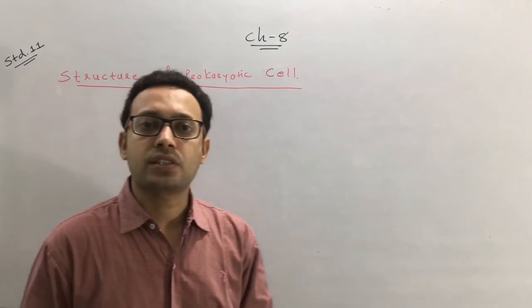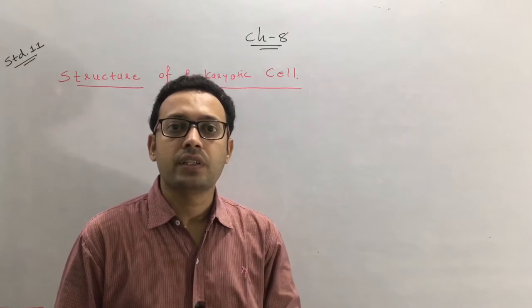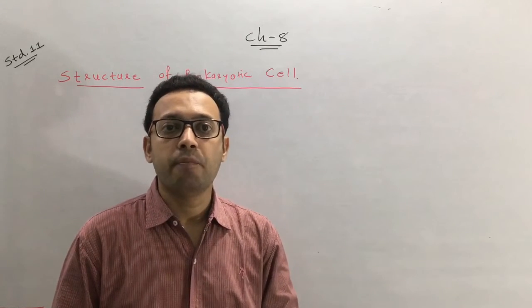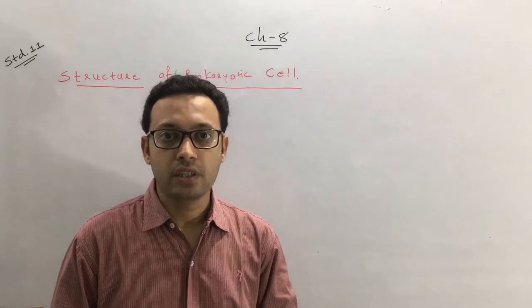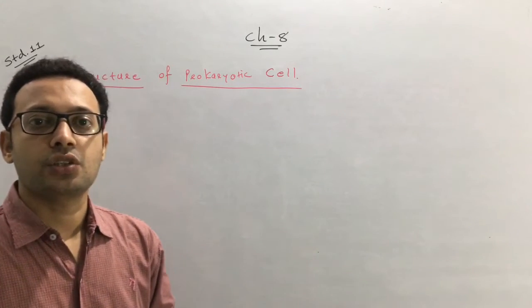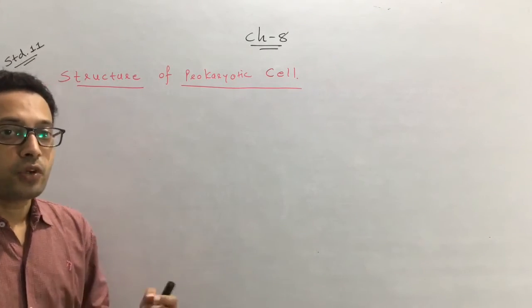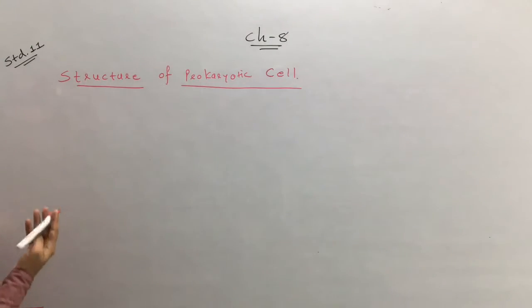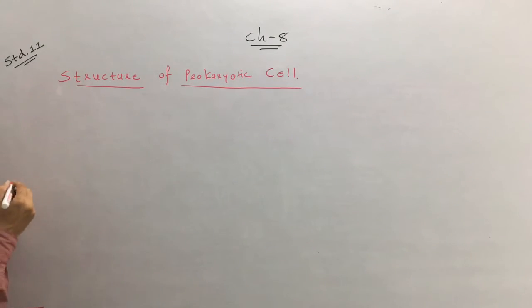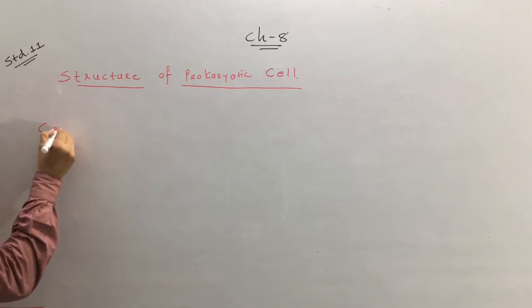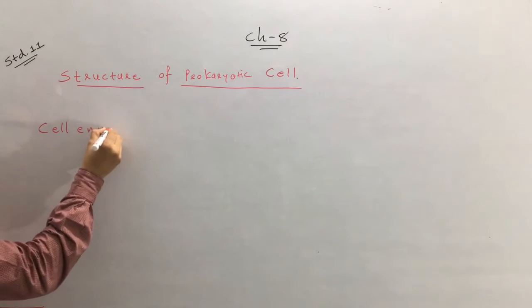We will discuss the structure of the prokaryotic cell with more emphasis on a bacterial cell. Okay, so let's start. A prokaryotic cell, like any other cell, contains three components. The first component is called the cell envelope.